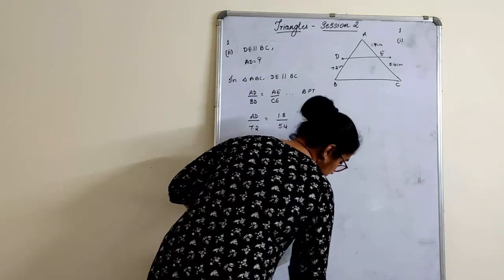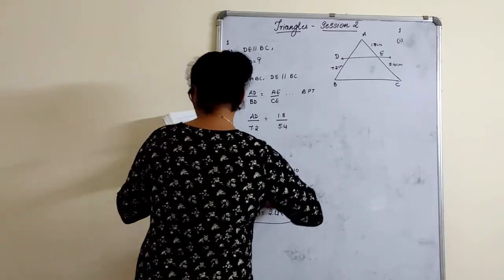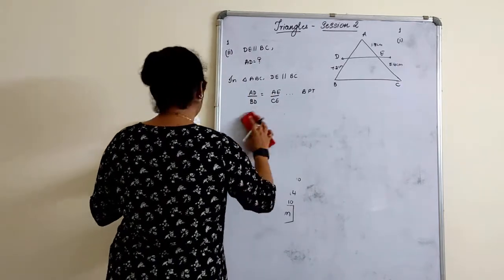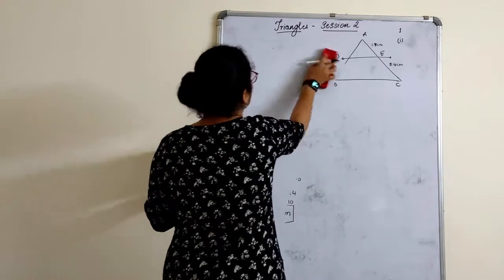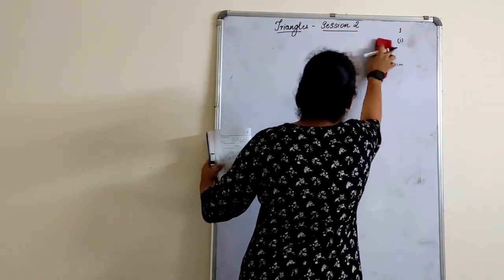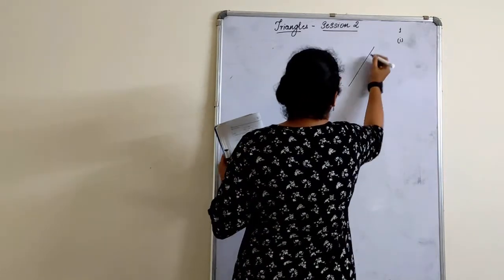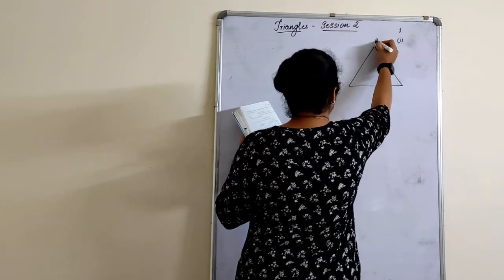Quickly we'll move to the next one. Next one they have asked, the figure is not given, we have to draw. E and F are the points on the sides of PQ and PR respectively. So this is a given triangle, PQR is a given triangle.